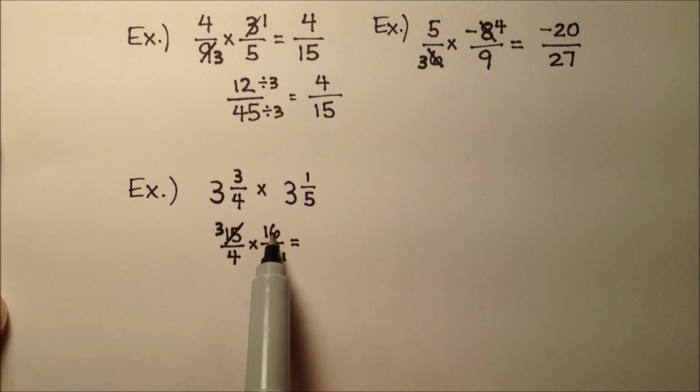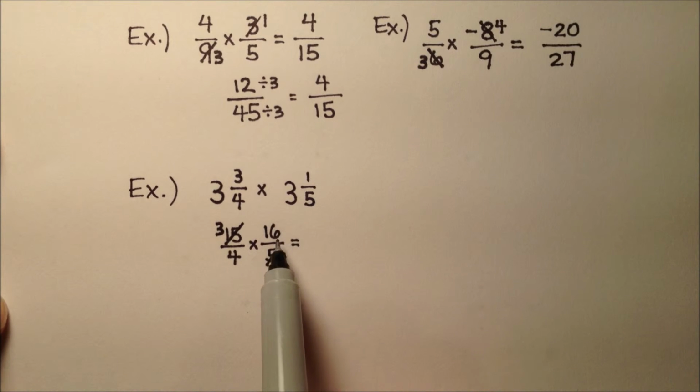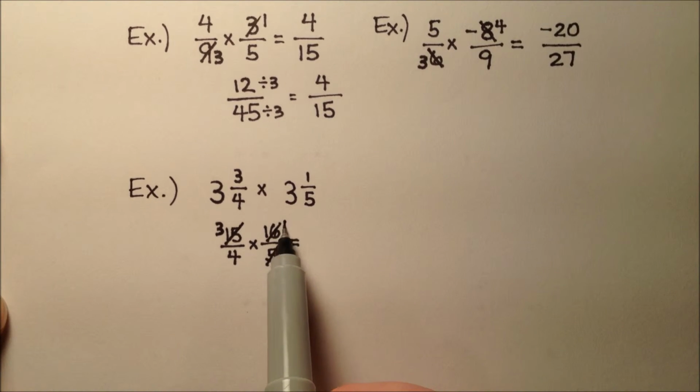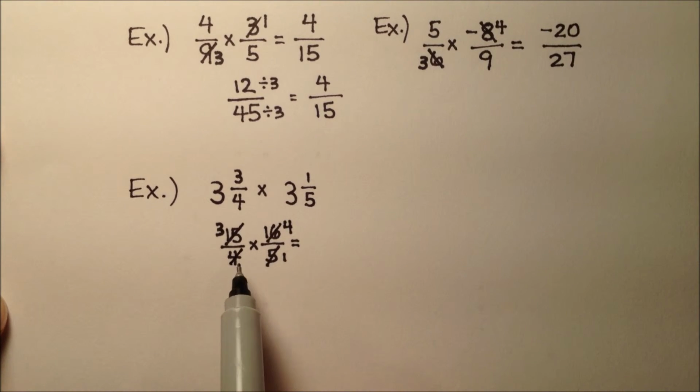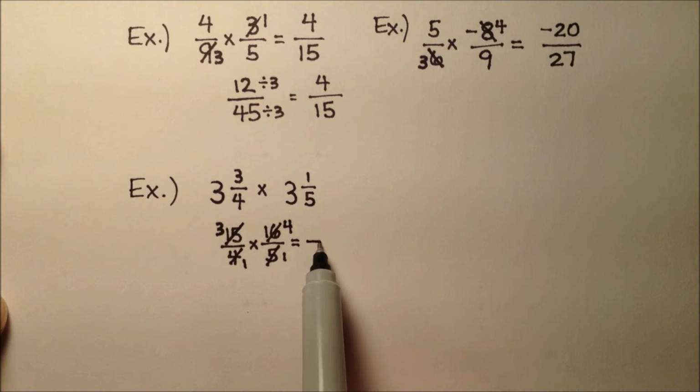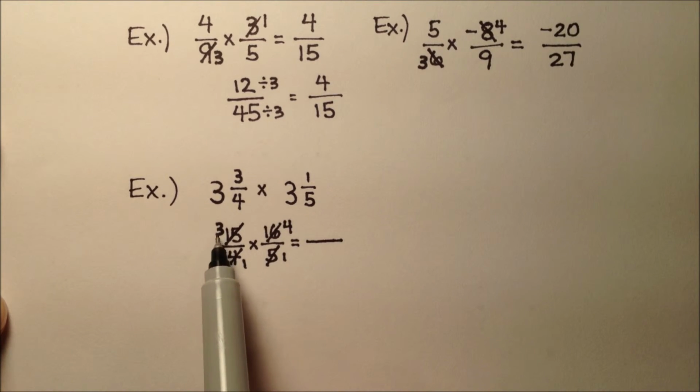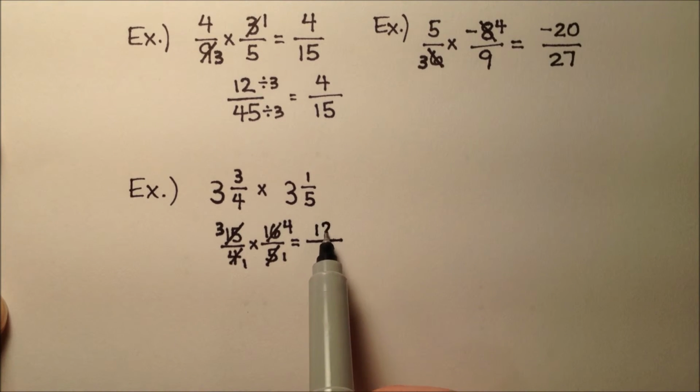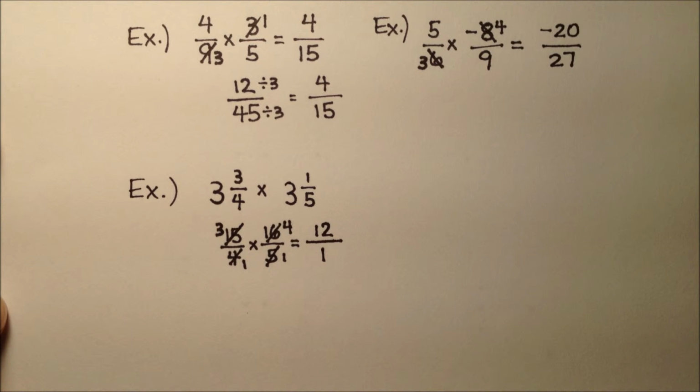Likewise, I can cancel a 4 from the 16 and the 4. When I do that, the 16 becomes a 4 and the 4 becomes a 1. Now I'm going to multiply straight across. 3 times 4 makes 12, and 1 times 1 makes 1. Notice in this case the denominator ends up being just 1.